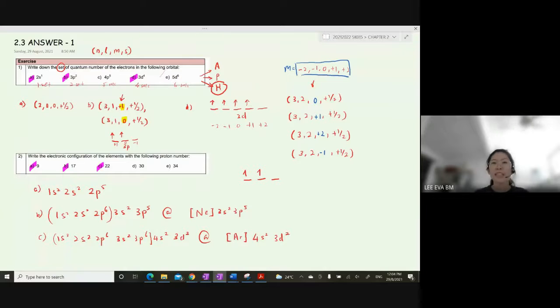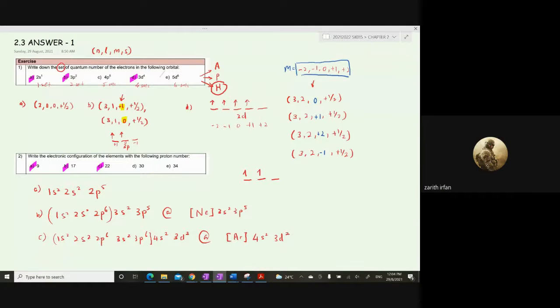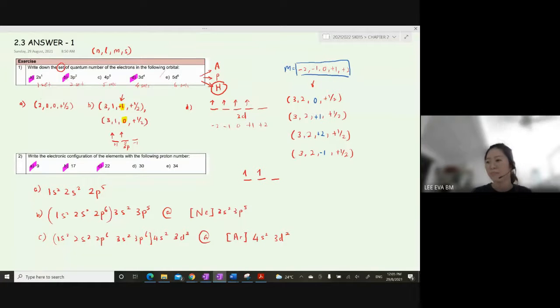Chromium dengan copper saja anomalous, yang ada pergerakan elektron daripada 4s ke 3d. Itu hanya kepada 24 chromium ataupun 29 copper. Oh, okay. Lain tak ada. Jangan confuse. Okay, baik Madam. Thank you Madam.